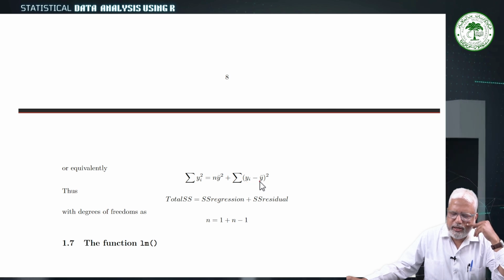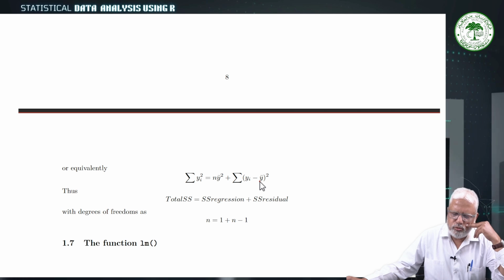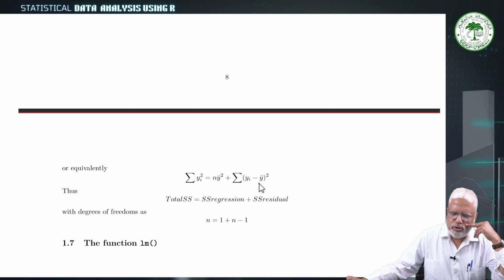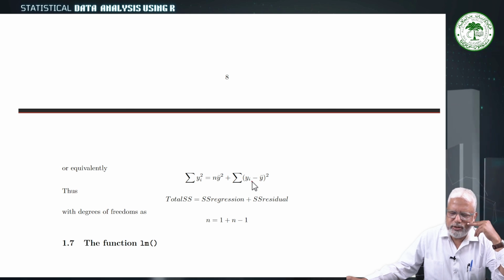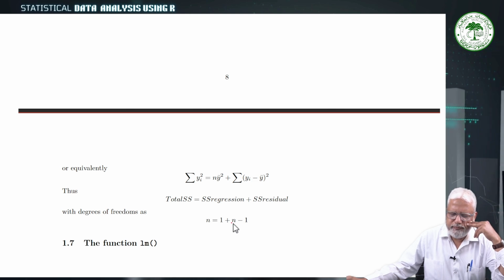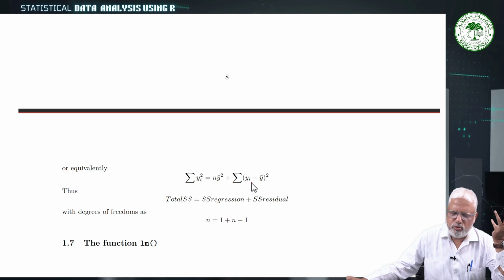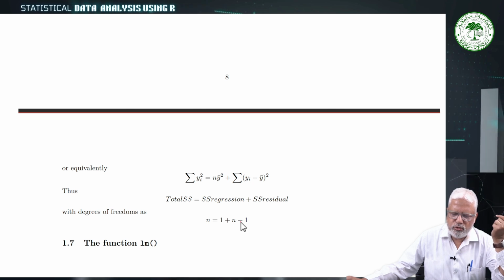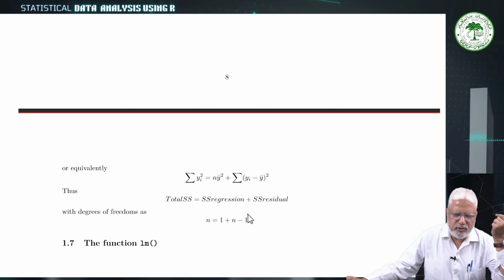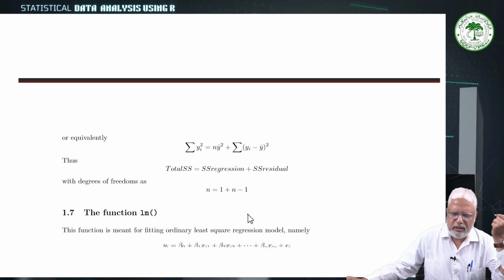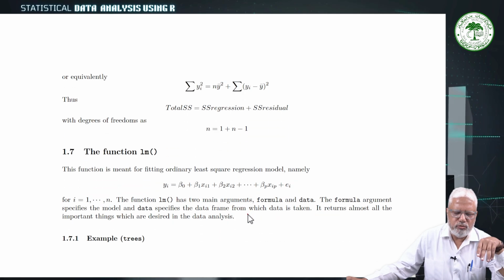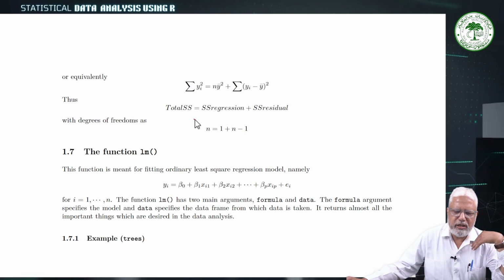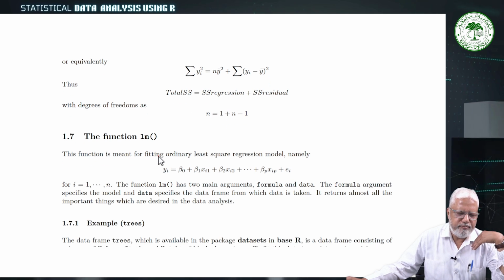Summation yi minus y bar is equal to 0. So these residual sums must be equal to 0. So in that situation, one sum is known, the sum is 0. So that's why we have kept it n minus 1. So this is the interpretation of sum of squares due to degrees of freedom. These are known as degrees of freedom.